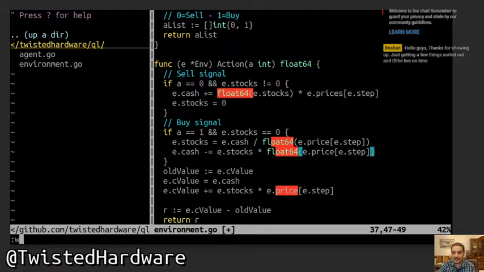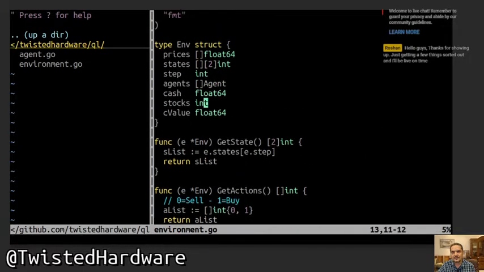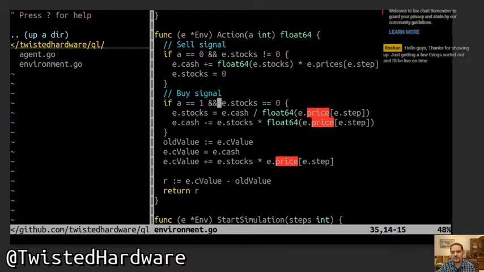And I think I still have to fix things, actually that price is a float 64. I really don't have to fix this part. Sorry.